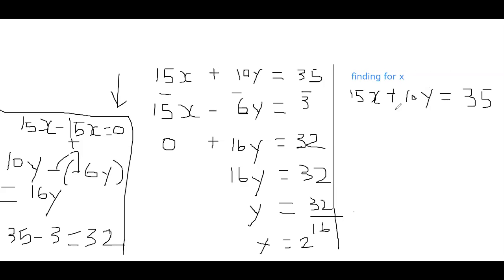We substitute the value for y and make x its subject. Again, substitute the value for y, then make x its subject. So wherever we see y, we put 2 because now we know y is equal to 2.